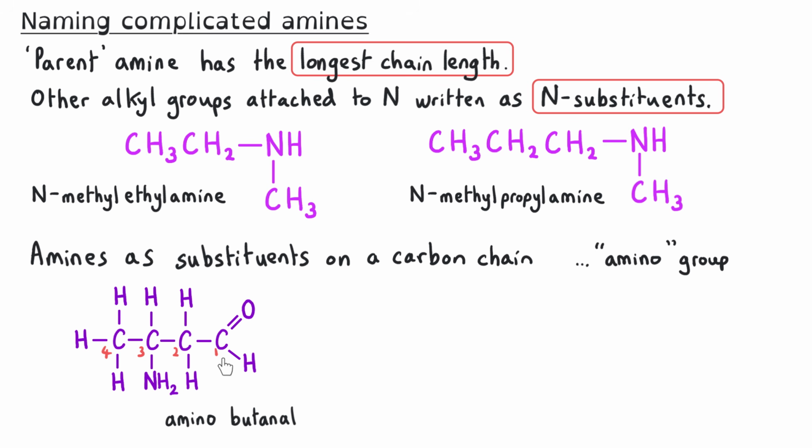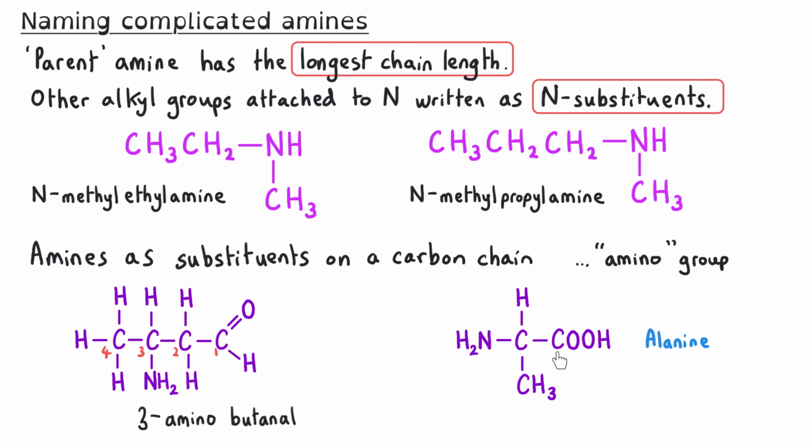The aldehyde functional group is given position number 1, so the amine group is on carbon atom number 3, and so this would be called 3-amino-butanal. A second example of this is the amino acid alanine, which has a carboxylic acid functional group and the amine functional group. Carboxylic acids have the higher priority, so it will be something anoic acid.